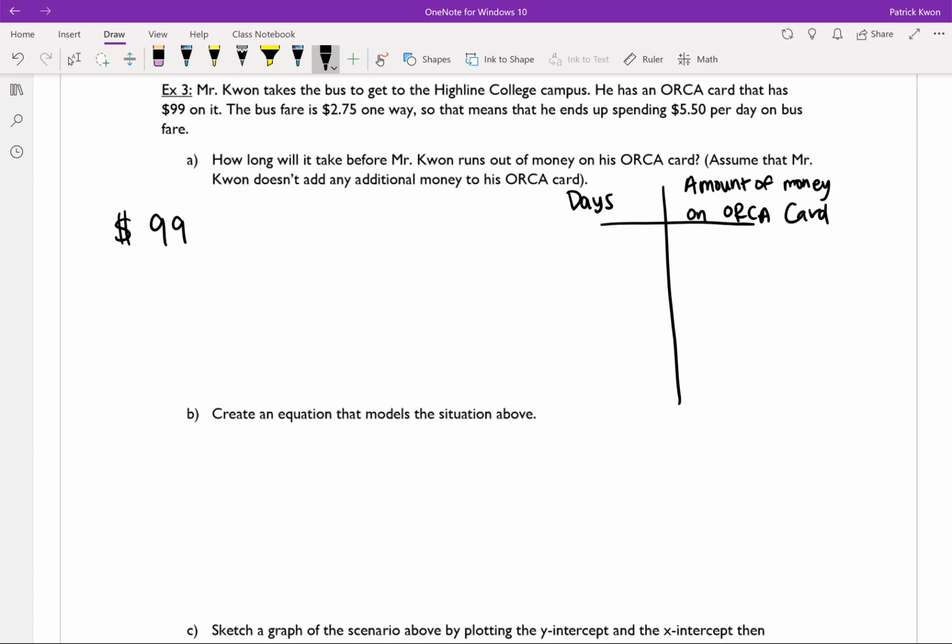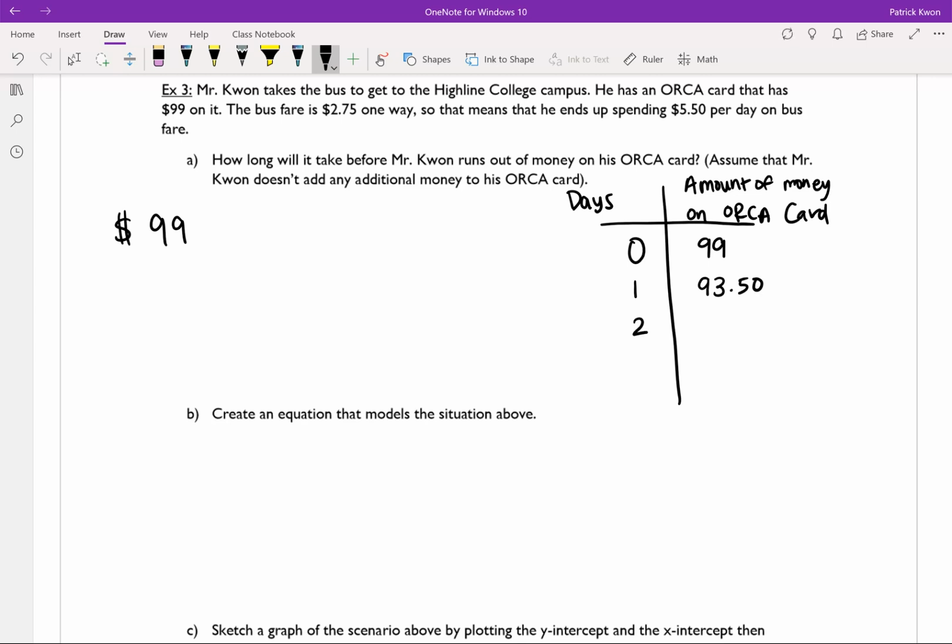And so initially, to start off with, on day 0, I have $99. And then if I go the next day, I'll end up spending $5.50. So if I subtract $5 from 99, that would leave me with 94. And then if I subtracted an additional 50 cents, then that would be 93.50.